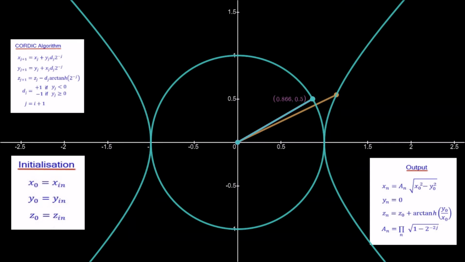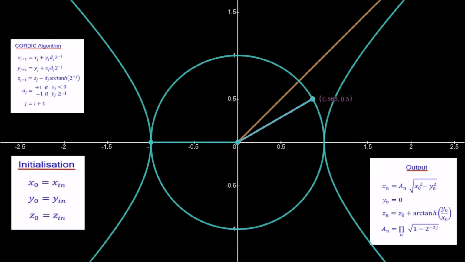We've seen that previously whenever we moved the circular angle. You can see the circular angle generated with the blue vector here and the hyperbolic angle generated by the brown vector. And you can see that when we get round to 180 degrees, it tends off towards the asymptote y equals x.